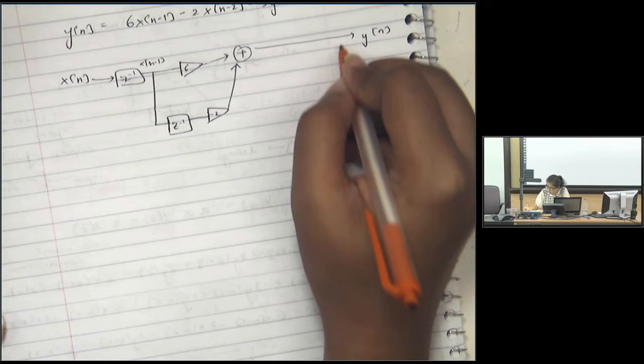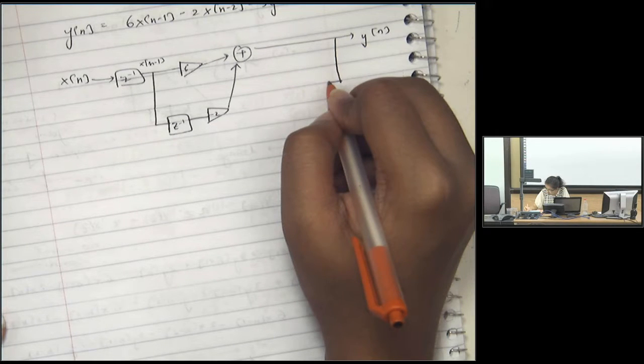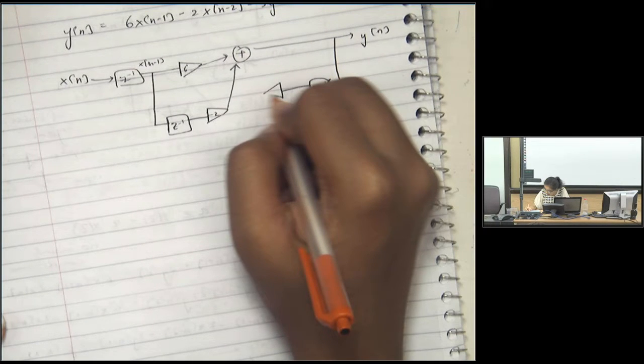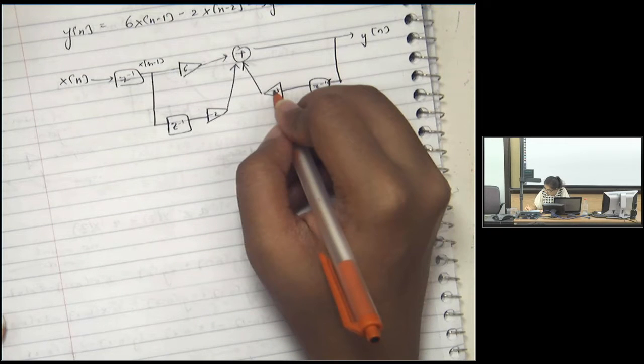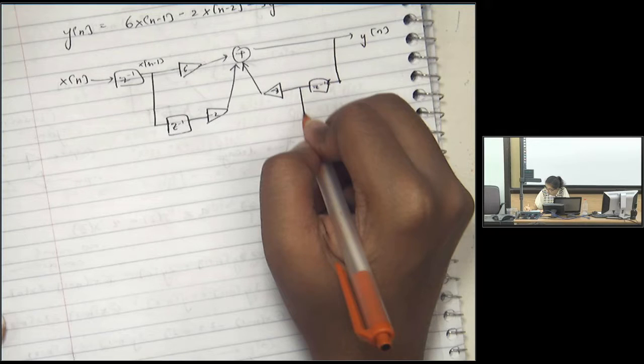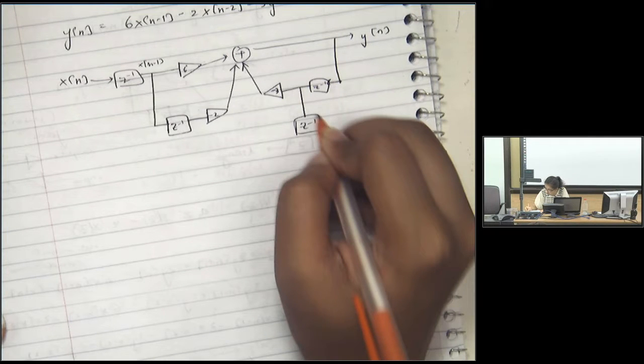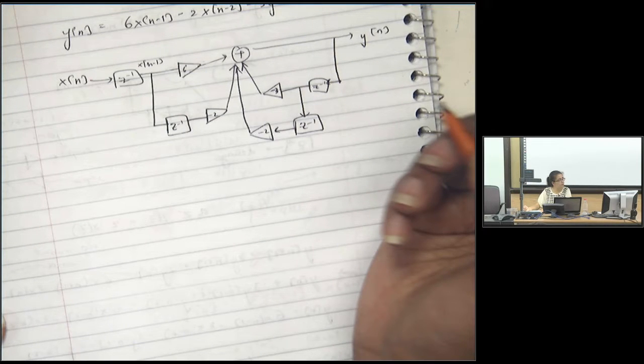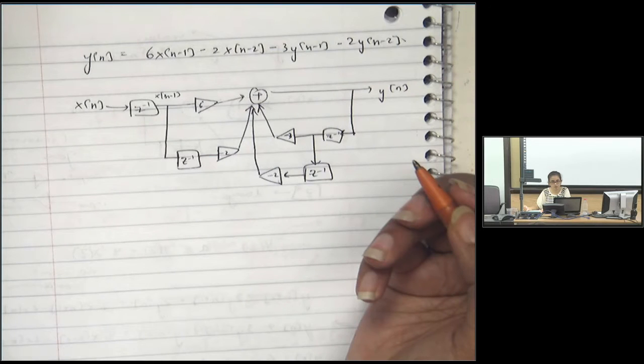Take y of n, delay it, and one term you'll have, which is this one, multiplied with minus 3. Again, take it again, delay it, multiply it with minus 2, and add it back. Okay?